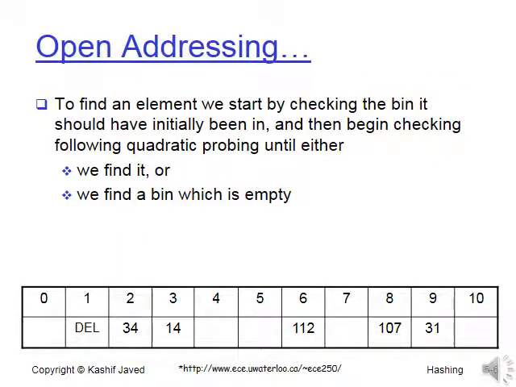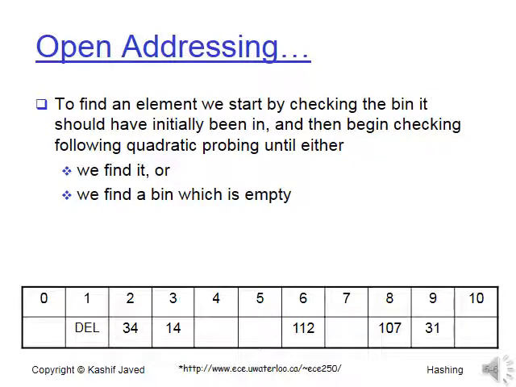So far, we have looked into inserts and deletes of quadratic probing. Now, to find or search an element, we start by checking the bin it should have initially been in. Basically, we will start from the location of the bin where the key originally hashed to.